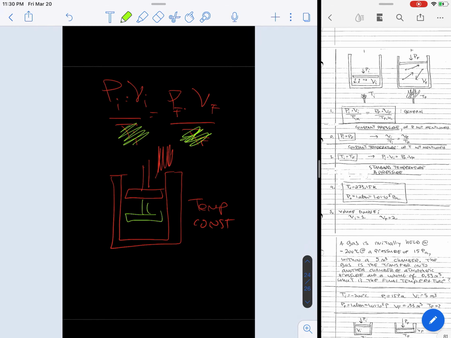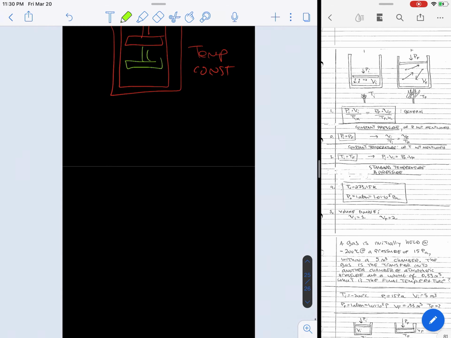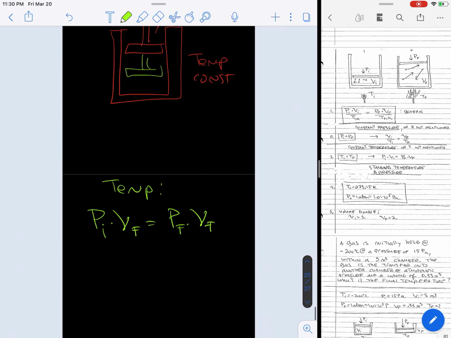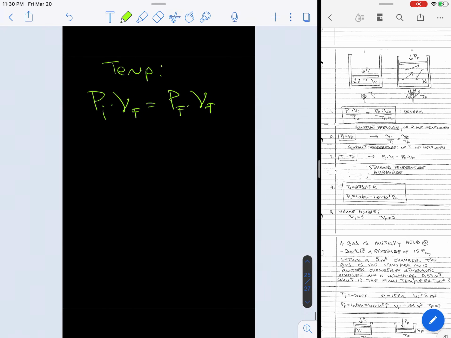So in this case, if you have an ideal gas where the temperature is constant, the above formula simplifies to initial pressure times initial volume equals final pressure times final volume. In these problems, sometimes they'll give you some terms, but not explicitly.